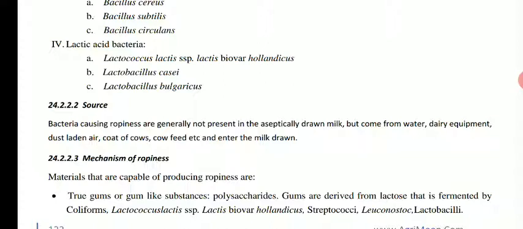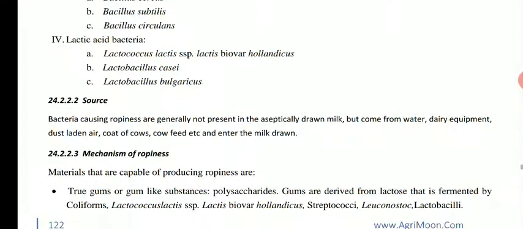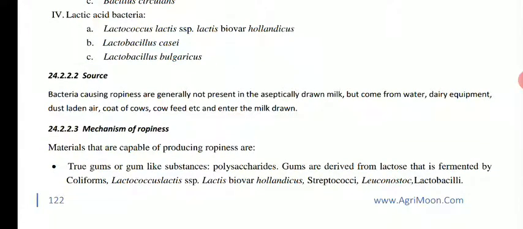Bacteria causing ropiness are generally not present in aseptically drawn milk, but they come from water, dairy equipment, dust-laden air, then the coats of cows, feed, etc. So these are basically the sources of bacteria that cause ropiness, and they enter through sources such as water, dairy equipment, dust present in air, the coat of cows and some feed that is used for feeding the cow.